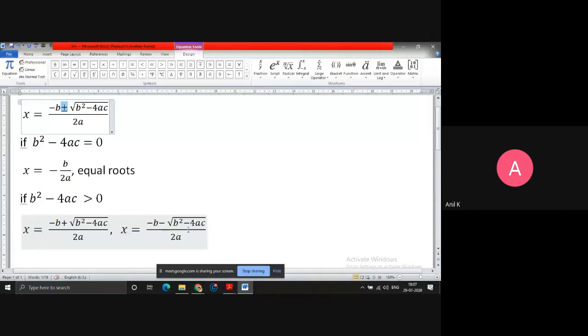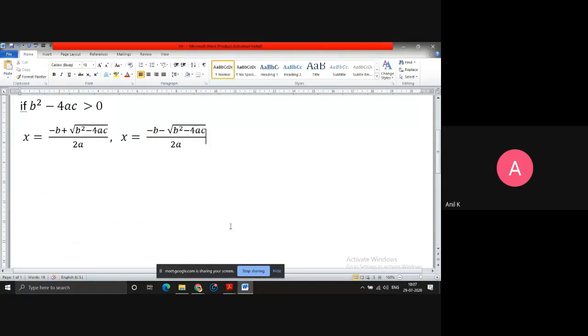So these are the two solutions for x, and both solutions are different. So if b square minus 4ac is greater than 0, then I can say the roots are real and distinct.